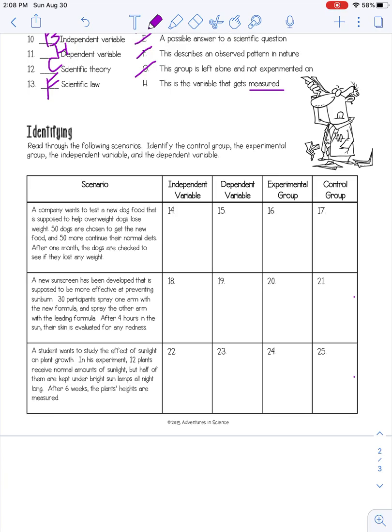All right, so we're going to identify the independent variable, the one thing that we are purposely changing, and that is the type of food. So one group, the experimental group, is going to get the new dog food.